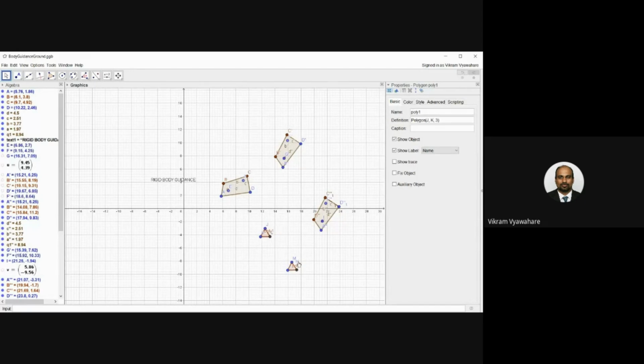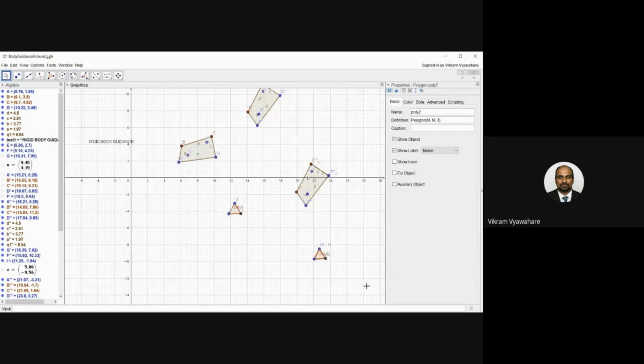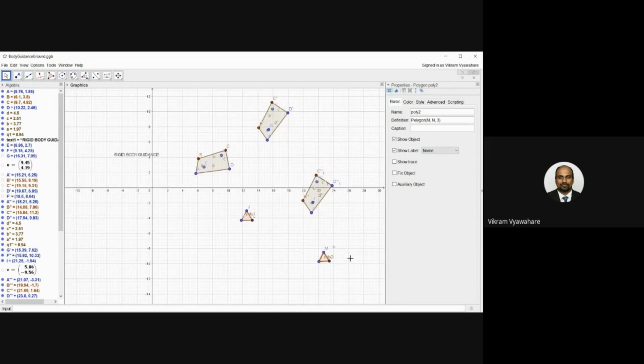So randomly let us place the pivot locations. Now I have the pivot locations specified.